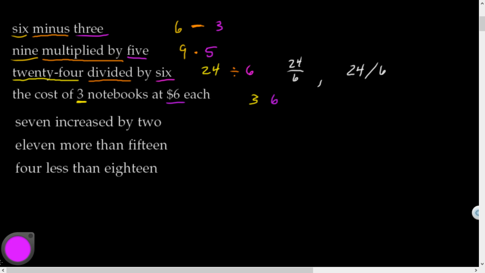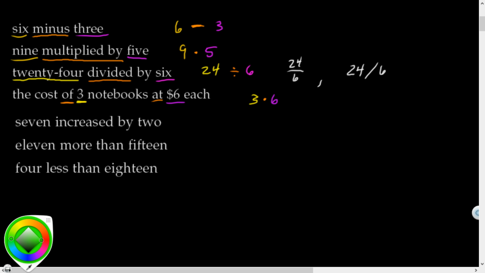So 3 and 6, this is tricky. Of can sometimes mean multiply. I'm trying to think of what words clued me into that. I think the of is one of the things that clued me into it. But yeah, 3 times 6, $6 for one notebook, and then you just multiply that. That'll give you your total cost.